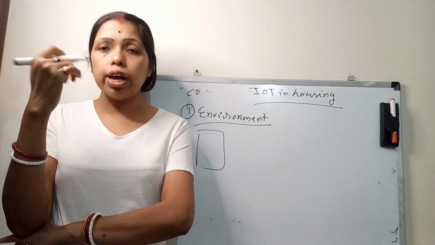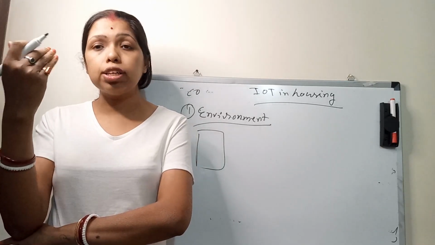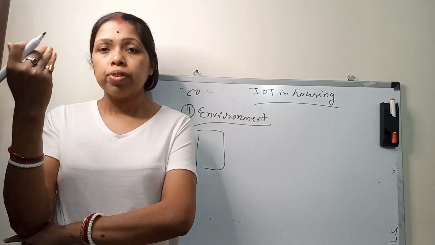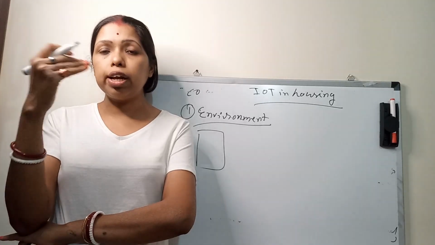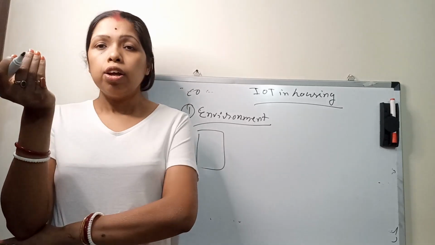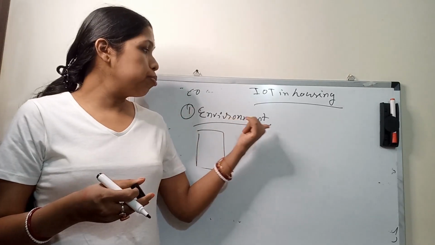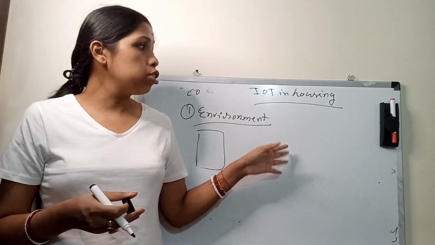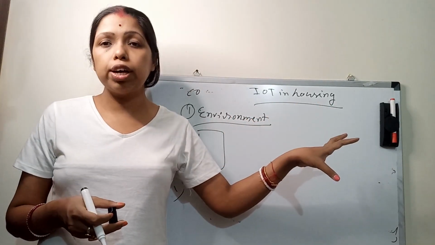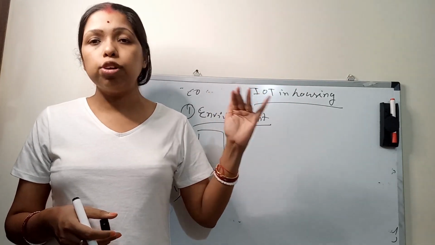there are different kinds of sensors which can monitor the temperature, weather, and the soil also. Soil moisture and everything can be monitored by the environmental sensor. So environmental monitoring is one of the parameters, because when you come to the housing application, you need to check whether the construction and the building is properly made or not.